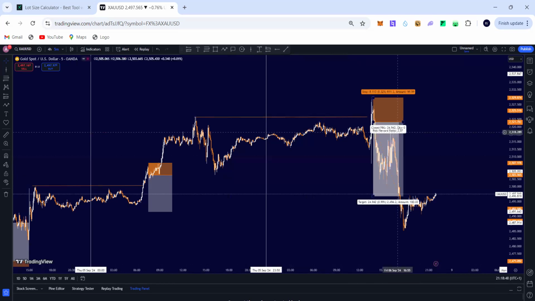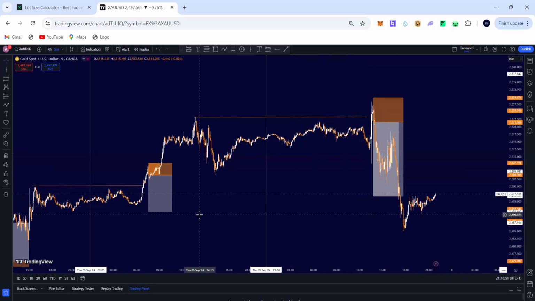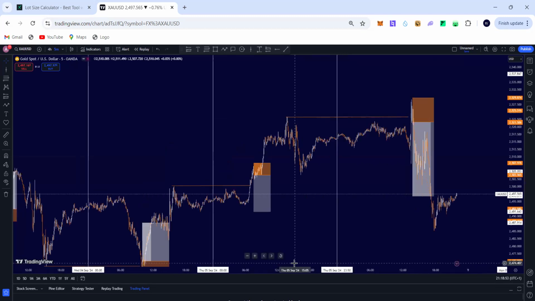So anytime news took out either the low or the high of the day, what you should do at that point is calculate your stop loss at 80 pips. That means you're adding 40 pips extra, making it 80 pips. Then you do your risk management calculation, take the trade once you see a confirmation, and take your usual 3RR TP.